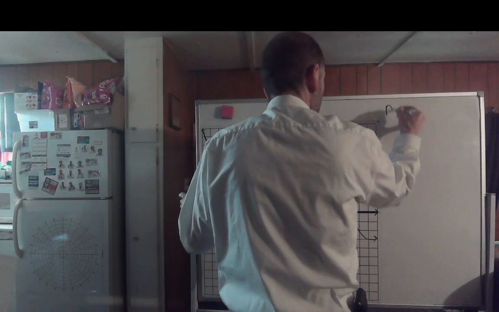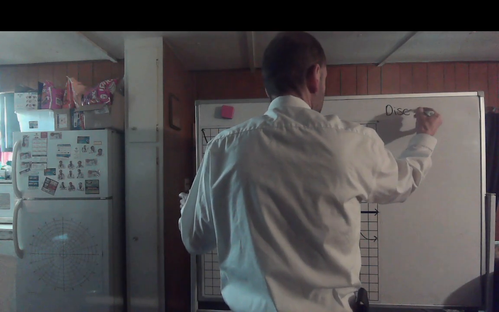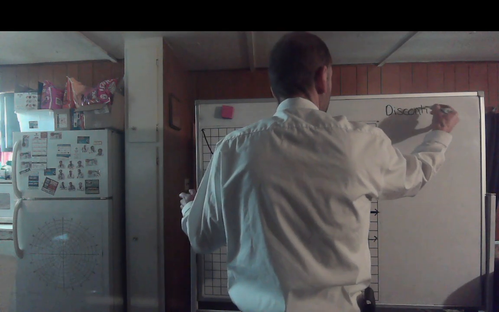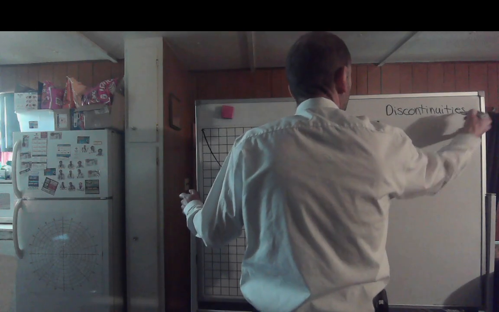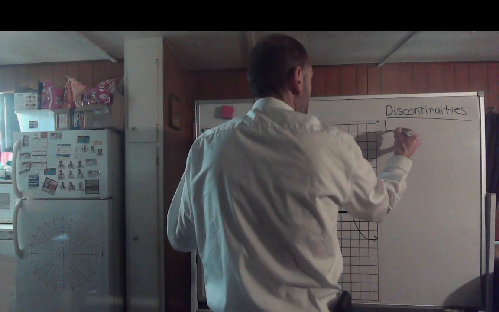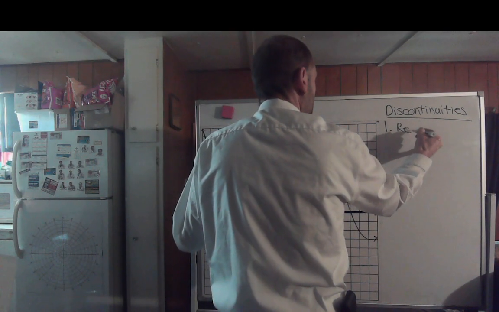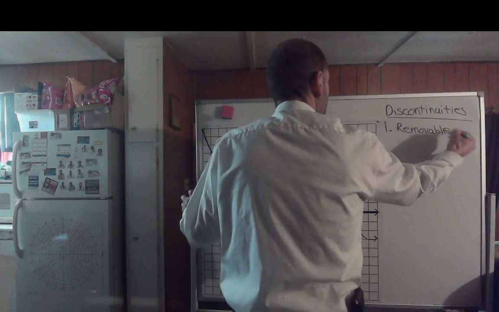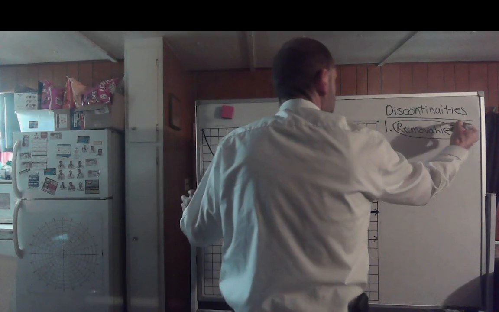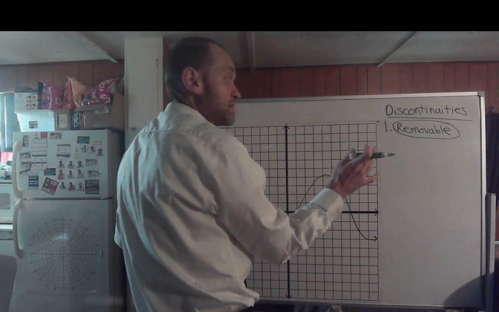So, discontinuities, as you can imagine, means, simply put, the function is not continuous. There are 4 types of discontinuities. One is called removable, which we're going to talk about today. Removable discontinuities is the topic of today's.